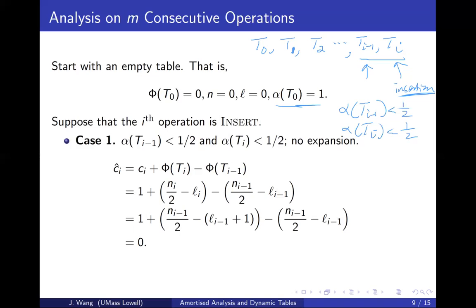The amortized cost Ci hat is the actual cost, and the actual cost is just one, because it's an insertion.